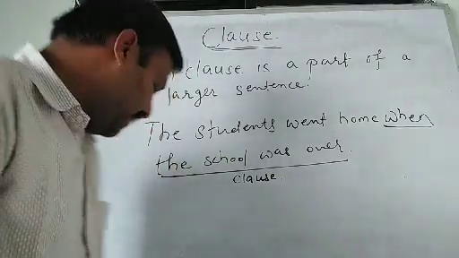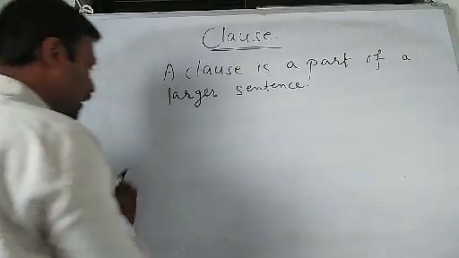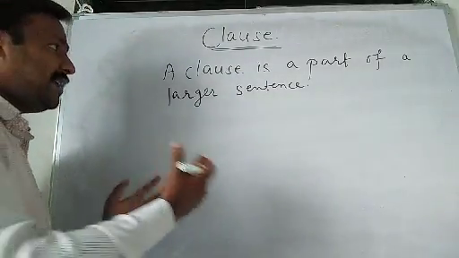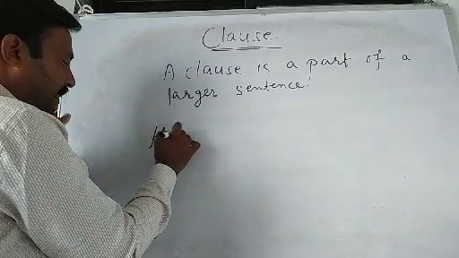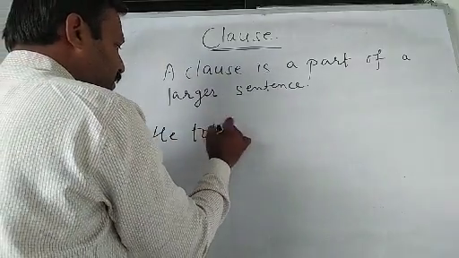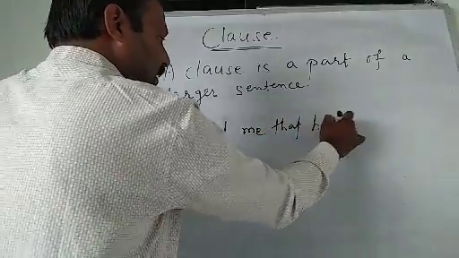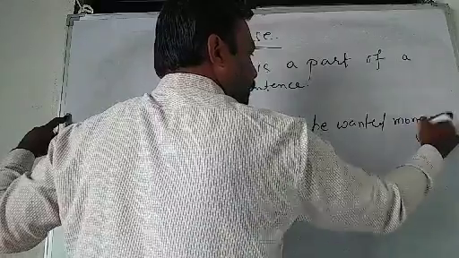One more example let me give you. I'll give you another example, and don't think this is very difficult. It's very simple, friends. For example, he told me that he wanted money.